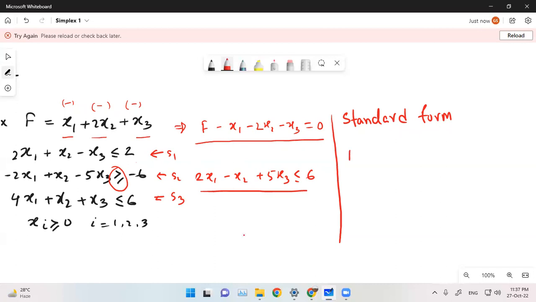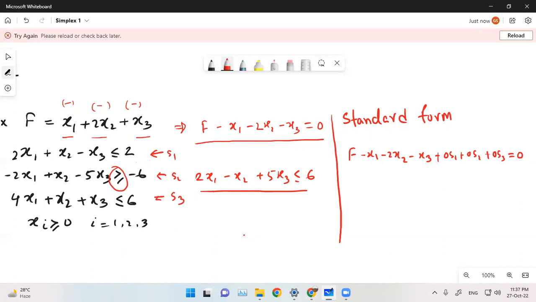So basically, F minus x1 minus 2x2 minus x3 minus 0 s1 minus 0 s2 minus 0 s3. It's up to you whether you take plus or minus, but in the book they have used plus here, so we are also taking plus here, equal to 0. Because those are 0, whether you take plus or minus doesn't make much difference.